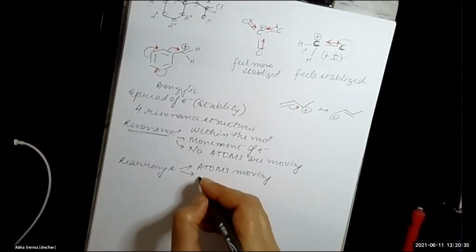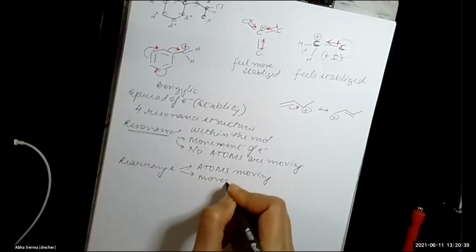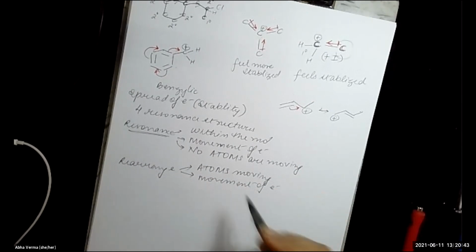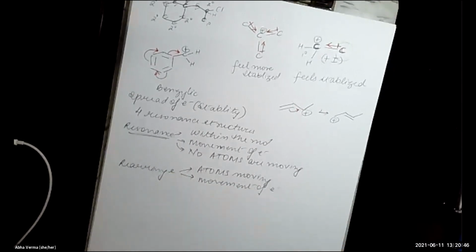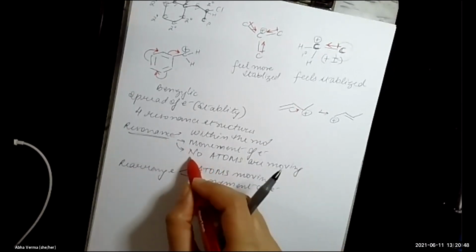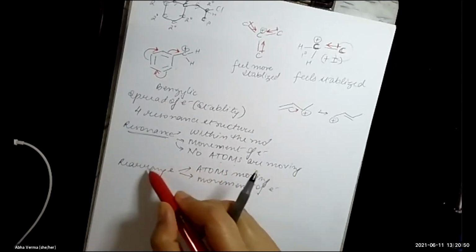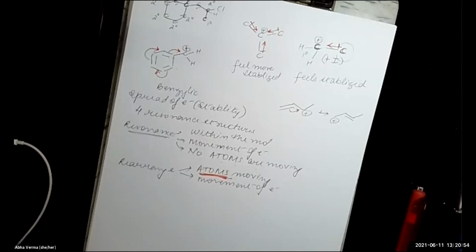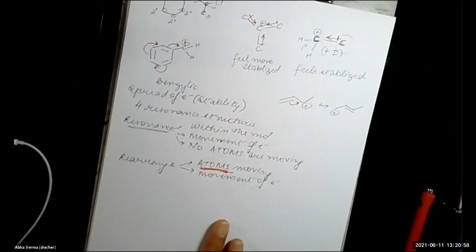Yes, there will be movement of electrons also within the same molecule. So the primary difference is that in resonance, no atoms are moving, but in rearrangements, atoms will be moving. Any questions so far?